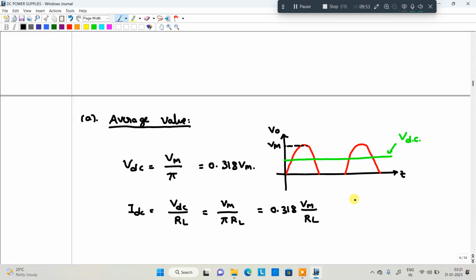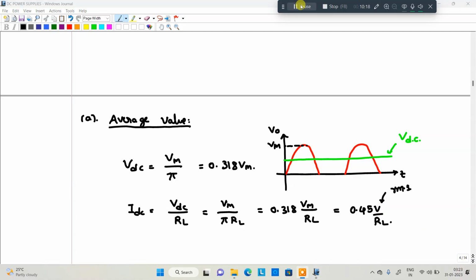In terms of RMS value, the formula will be 0.318 into root 2, which is 0.45 V by RL. This is another formula in terms of V, the RMS value. If RMS value is mentioned, this is the formula.